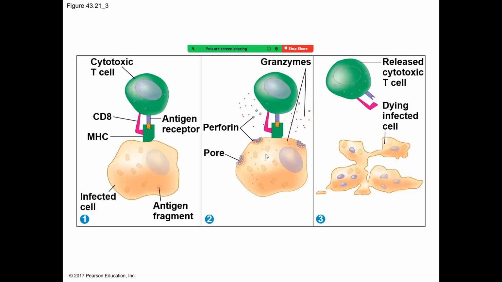Once the pores are created with these perforin molecules, these are proteins, then of course that infected cell will die and will not be able to create new bacteria or viral particles, and this will help to slow down the infection process. And then our cytotoxic T cell now can go on and perform this function on more infected cells that have the same antigen being displayed.